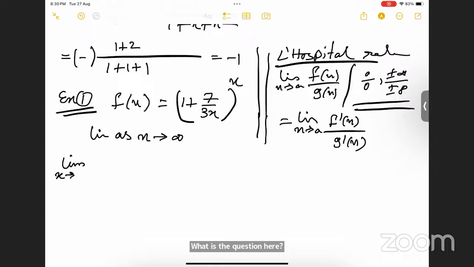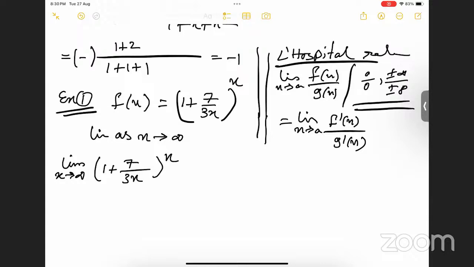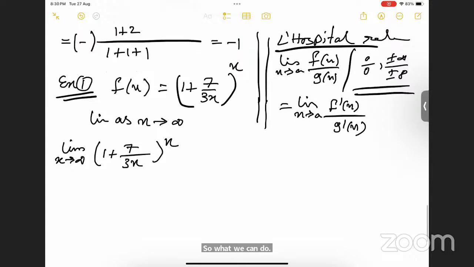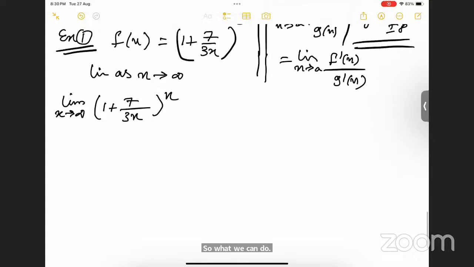Here we can use a theorem. You have to use L'Hopital's rule here. This is a hint for you. Here we have x in the power. So what can we do? We already solved this type of problem in the previous lectures.